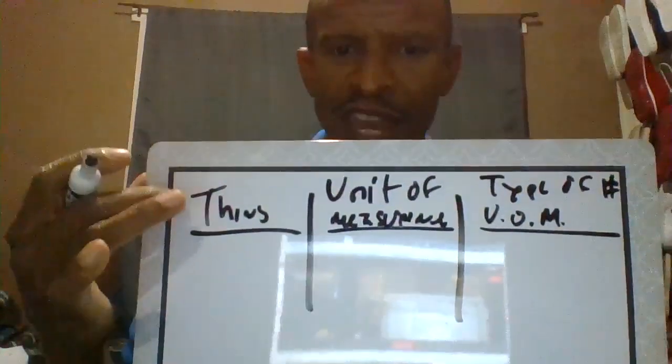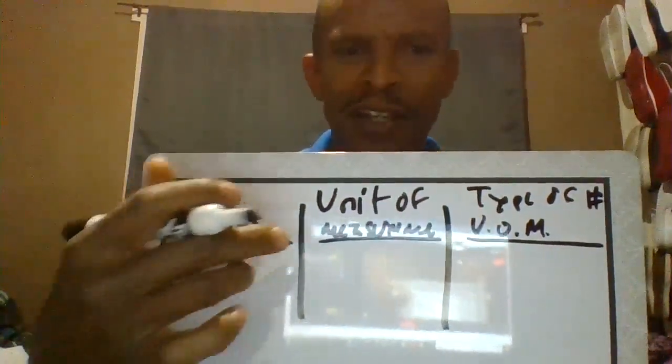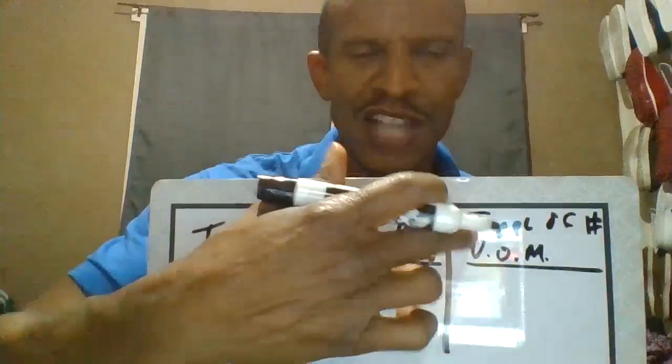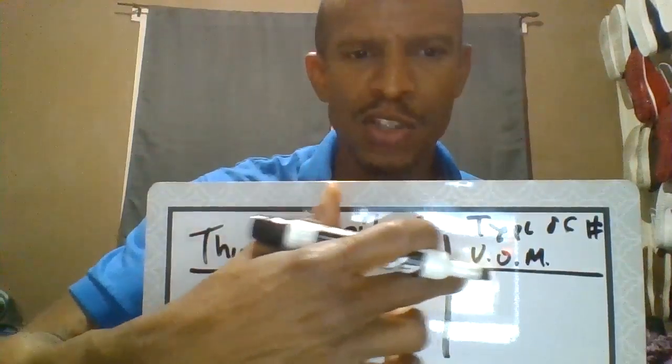We'll create our three columns: thing, unit of measurement, and then the type of number, using the number symbol, and then unit of measurement again, because I run out of space.